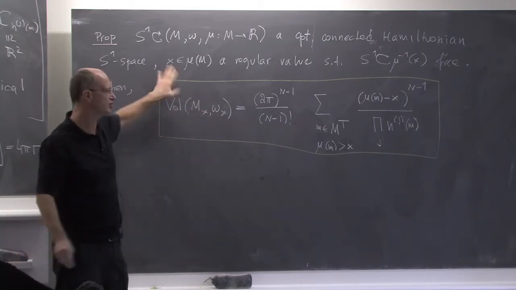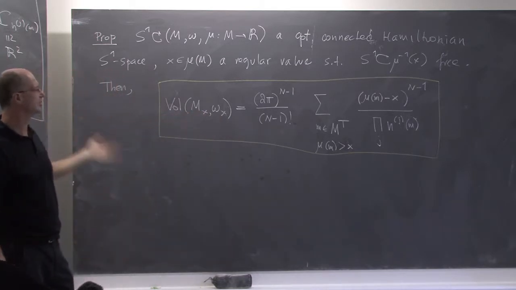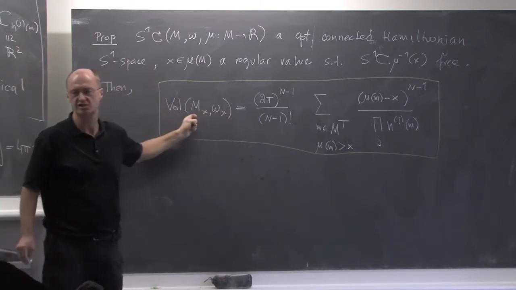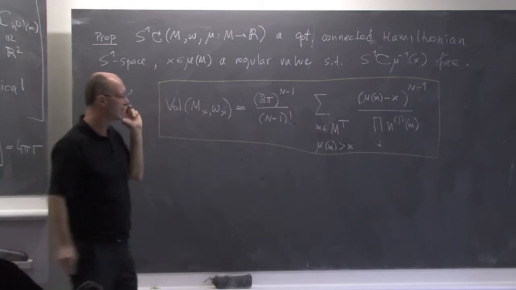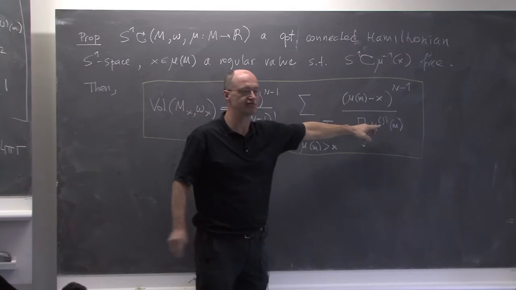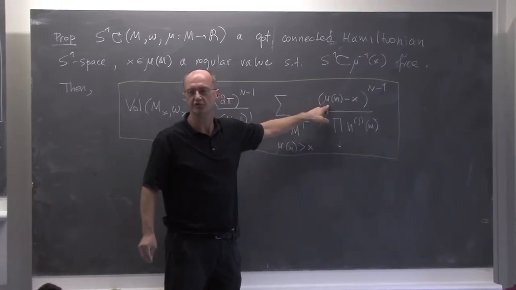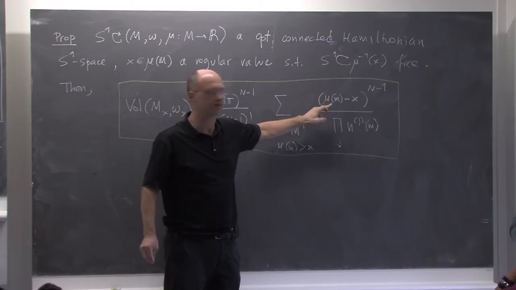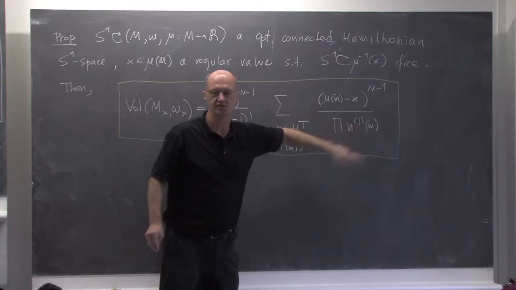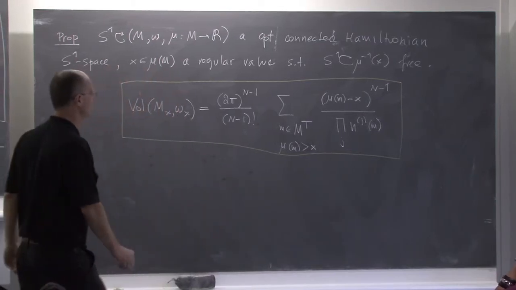In principle, one can do similar things for many other integrals or intersection pairings, but let's say we do it for volumes. And we have a formula completely in terms of fixed point data, right? In terms of values of the moment map at the fixed points and of the weights of the S1 action on the tangent space at a fixed point.